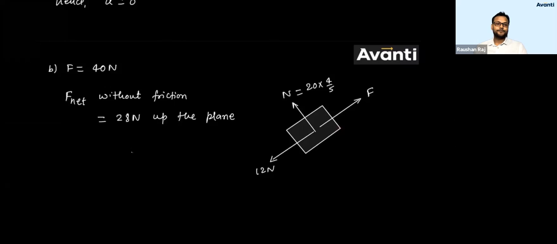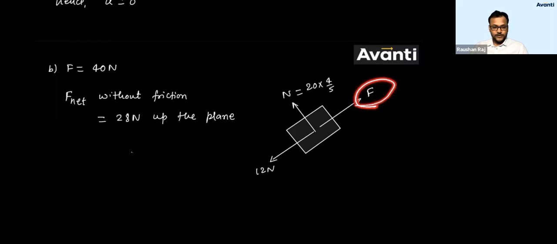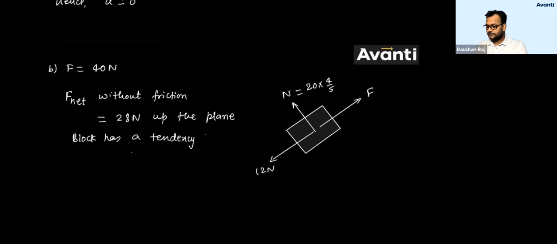The answer will be no. Why? Because of this F and this 12 Newton force, this block is now having a tendency to move up the plane with a force of 28 Newton. So I would say the block has a tendency to move in the upward direction.